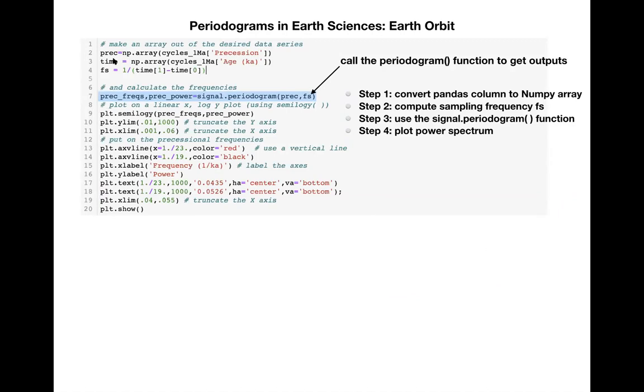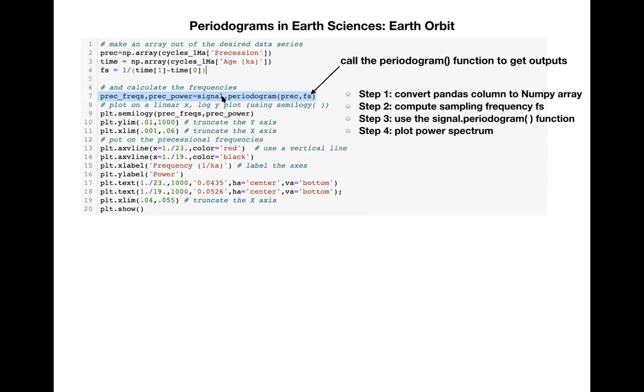I get the precession column using the column access of the data frame, and to make the periodogram function happier, I first convert it to a NumPy array. Sometimes it's not necessary, but this makes it easier, because the SciPy library is built based on NumPy.